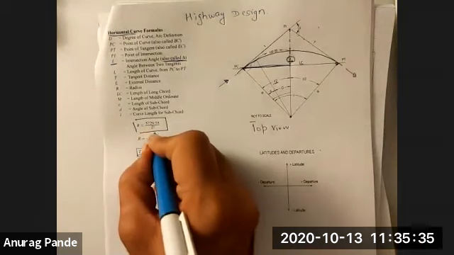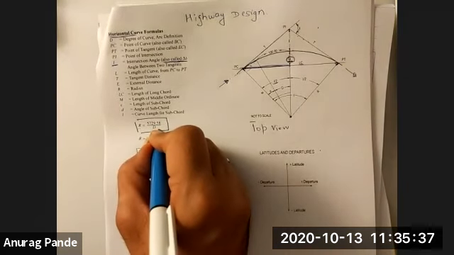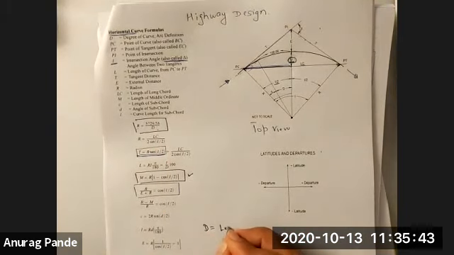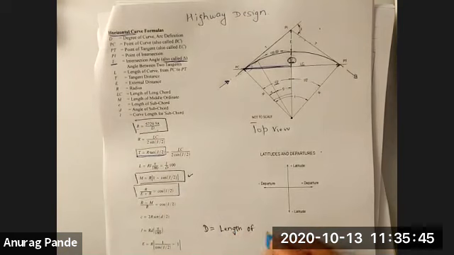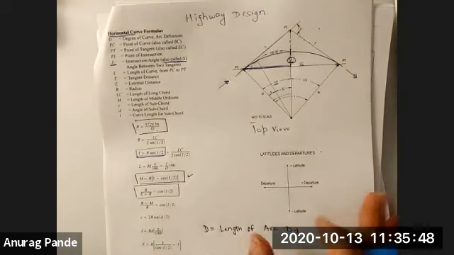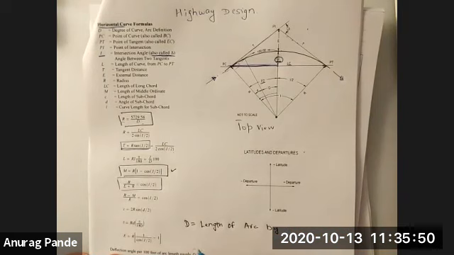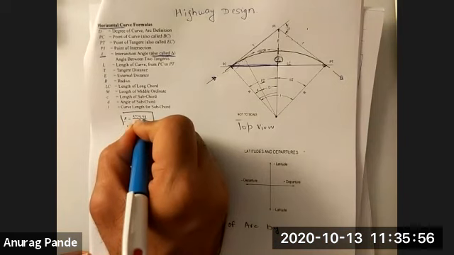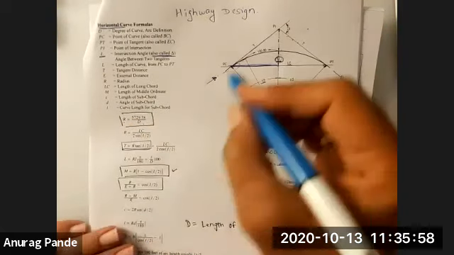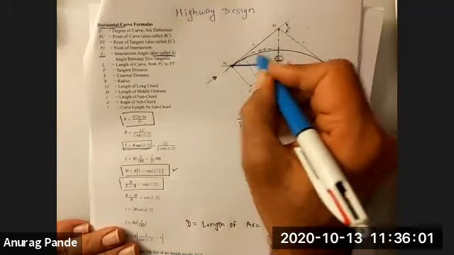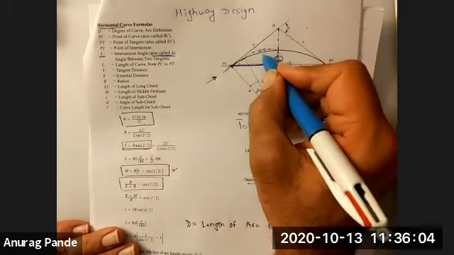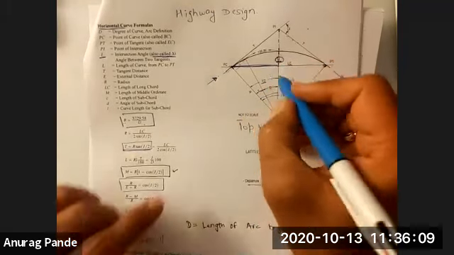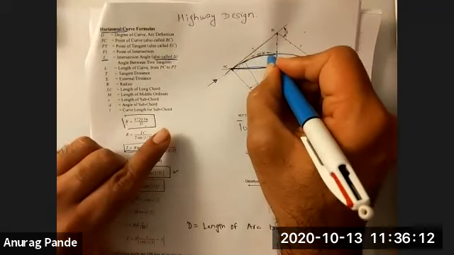So if you think about the radius and how that relates to degree of curvature, the degree of curvature D is defined as 5729.58 over R, and it is based on a 100 feet length of arc. So degree of curvature is what would have been the angle if you just take a 100 feet arc of this curve, which they show here.